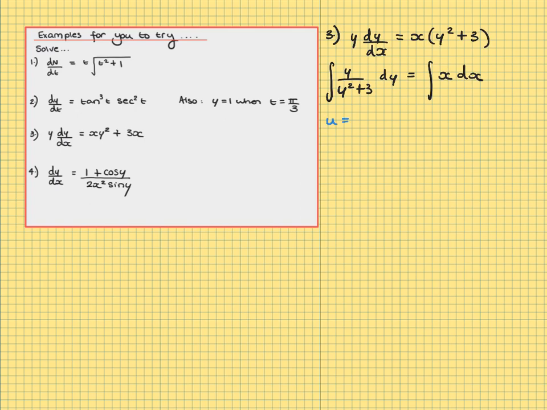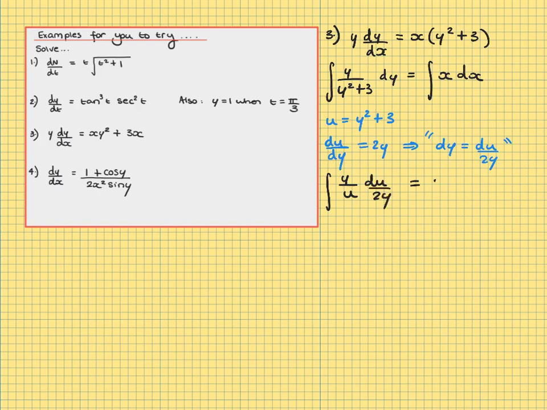So I will let u equal y squared plus 3. So du by dy this time is 2y, which gives me this step here, that dy is equal to du over 2y. So the left-hand side of my integral becomes the integral of y over u, and then du over 2y.